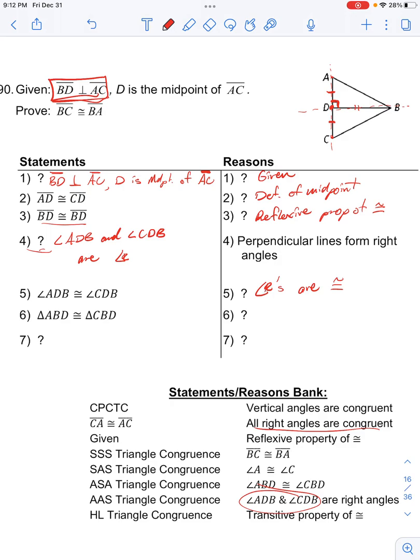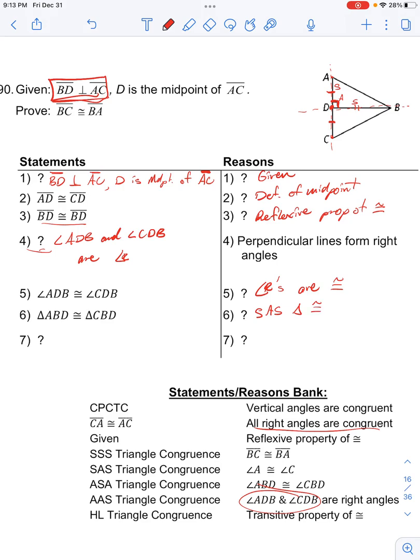They're all equal to 90 degrees, and so therefore it follows that they're congruent. And then we have that triangle ABD is congruent to triangle CBD, and this is done by the side, angle, and side that we proved are congruent. So we have a side-angle-side triangle congruence.